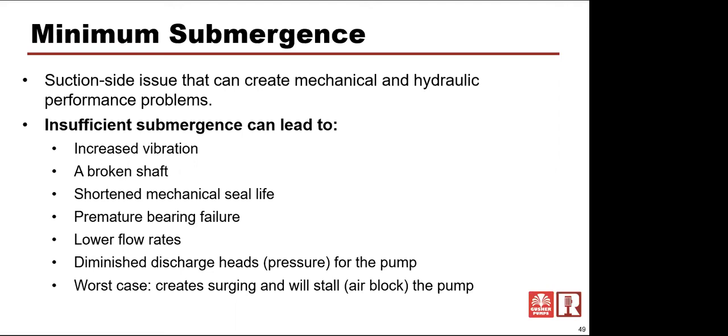The same thing happens on a pump, whether it's a horizontal pump or a vertical pump. When the liquid level gets low enough in the tank that it's drawing from, and the velocity is high enough of the intake flow, it may be easier to draw air down into it than it is to draw enough water into it. Well, air entrainment in a pump, depending on what type of pump it is, is not a good thing either.